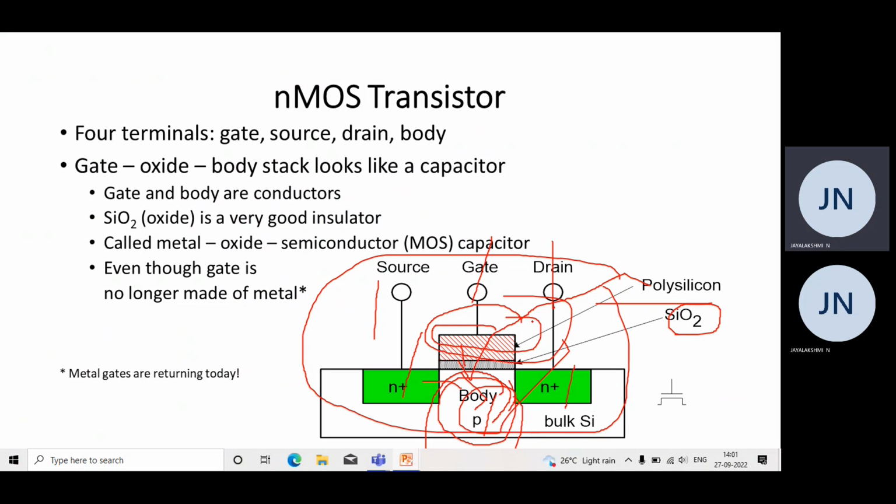Below the polysilicon, we have a thin oxide layer called SiO2. This SiO2 acts as an insulator. Here you can see the symbol of an NMOS transistor. It mainly consists of three terminals: source, gate, as well as drain.